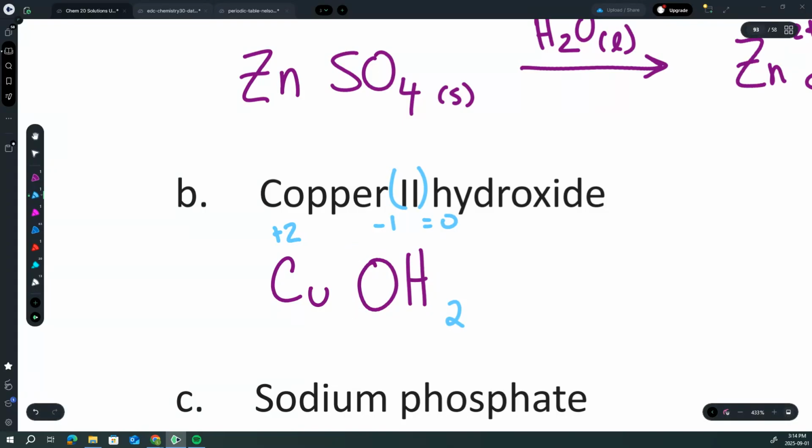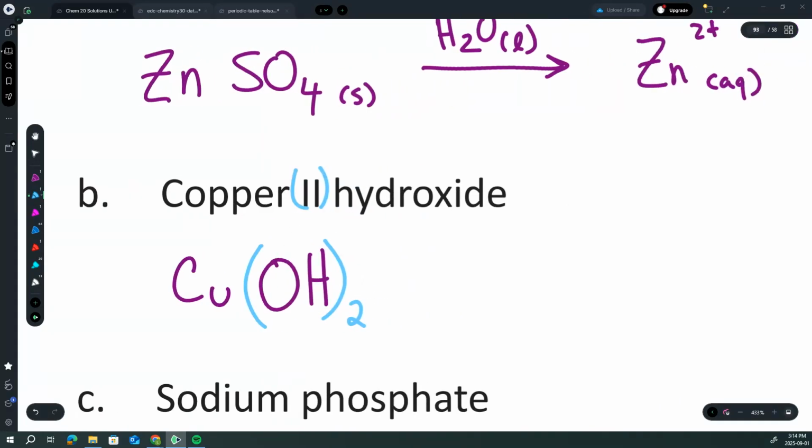Without the brackets, this would just have 1 oxygen and 2 hydrogens, which we don't want. We want to say, okay, 2 hydroxides. That's going to change the charge to -2 coming from the hydroxide, which means this is balanced, so we're all good on that front now.